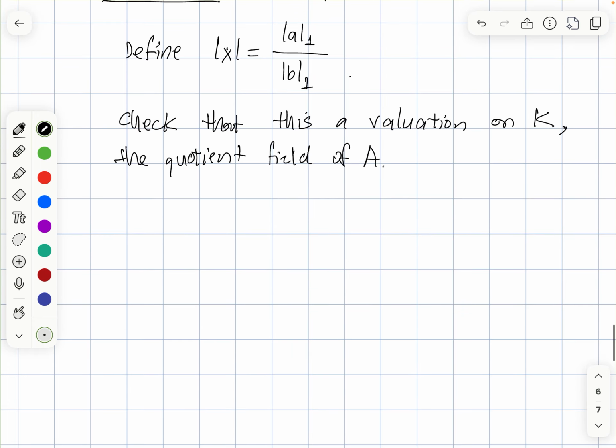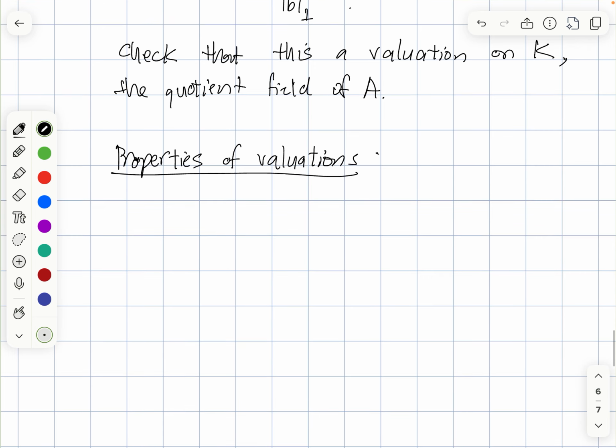Okay, so some properties of valuations. One of them is that the valuation of 1 is 1.